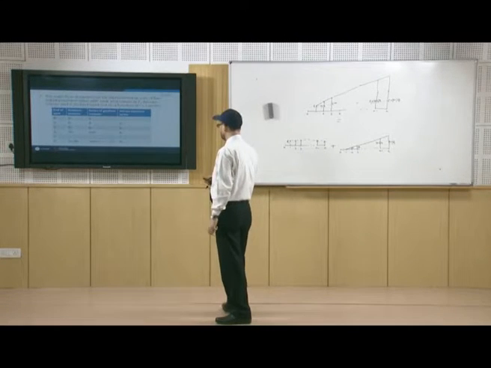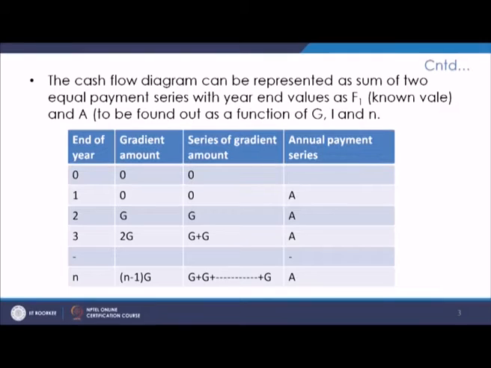So, what do we do for this? Let us equate the total amount. The total amount at a future time will be the summation of all this, and its equivalent value will be nothing but A times the factor F by A, i, n.